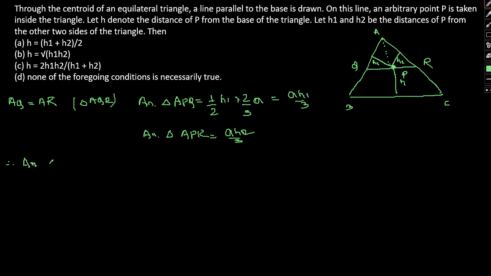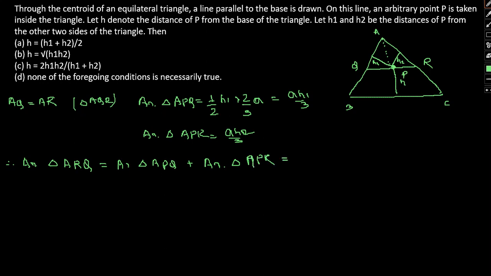Therefore area of triangle AQR will actually be equal to area of triangle APQ plus area of triangle APR.